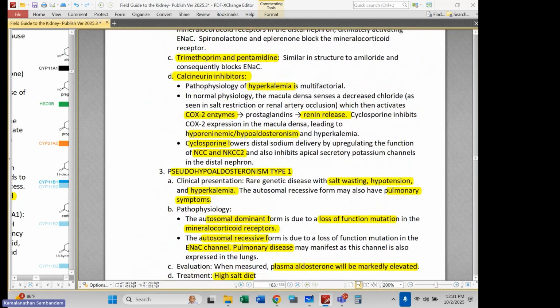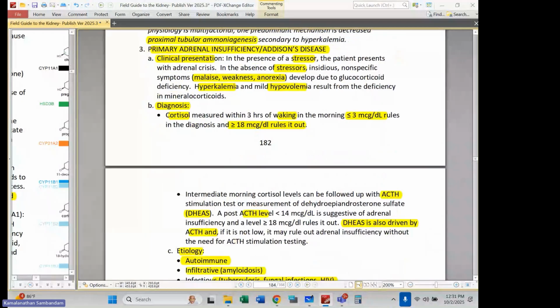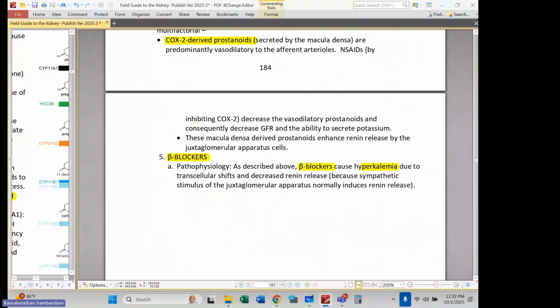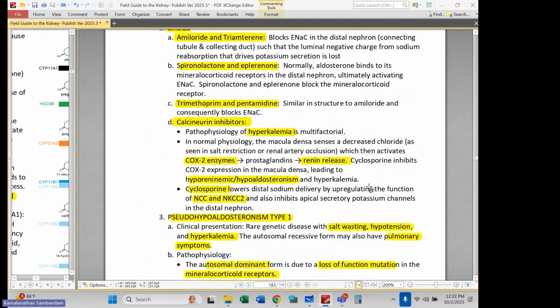That would cause extracellular K excess, not a total body K excess, right? But you can also have a total body K excess through the effect of beta blockers on the beta 1 receptor, decreasing renin release, causing a hyporeninemic hypoaldosteronism.